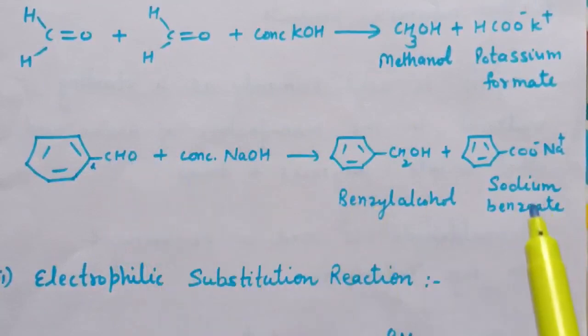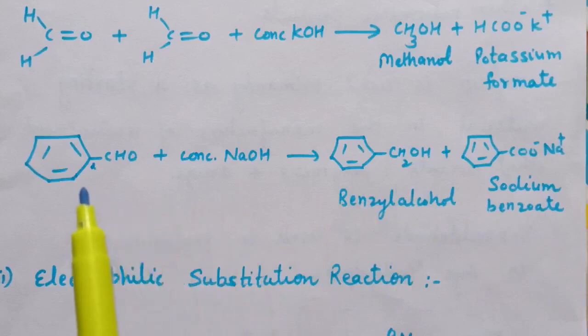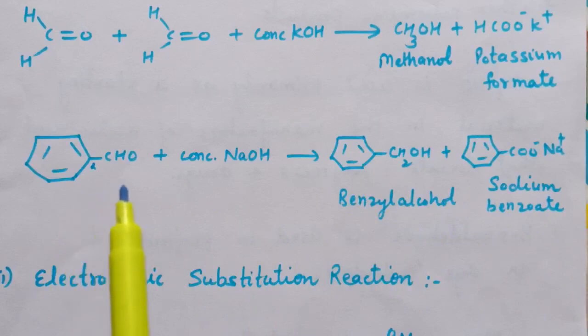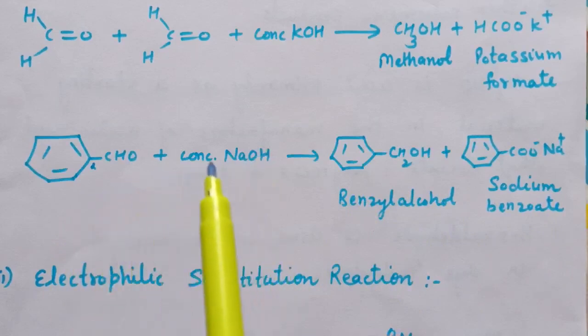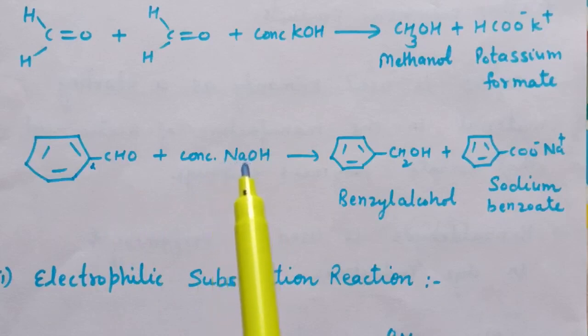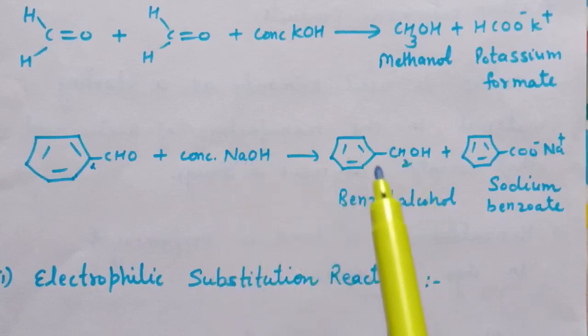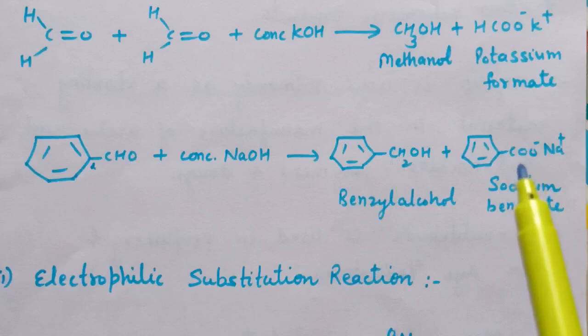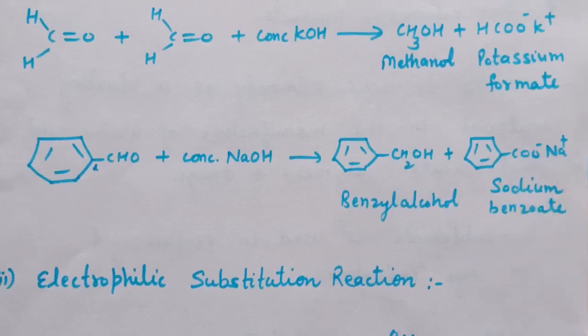that is sodium benzoate. So in case of Cannizzaro reaction the conditions are aldehydes which do not have alpha hydrogen and in presence of concentrated NaOH or KOH results in the formation of alcohol and the corresponding salt of the acid, that is self-oxidation and reduction products are formed.